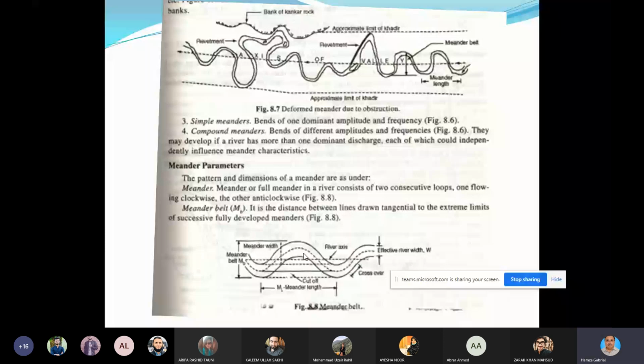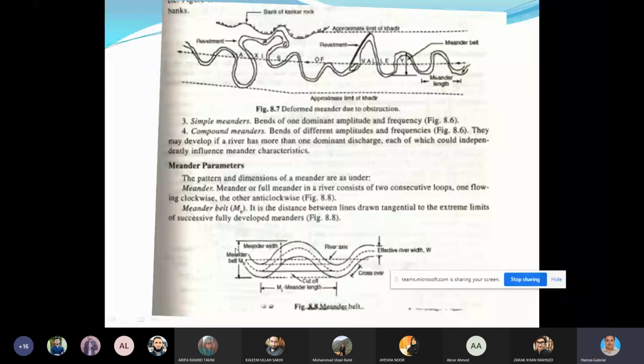If you draw a line tangential to this curvature at the top and another at the bottom, the distance between these two tangential lines is known as the meander belt, MB.